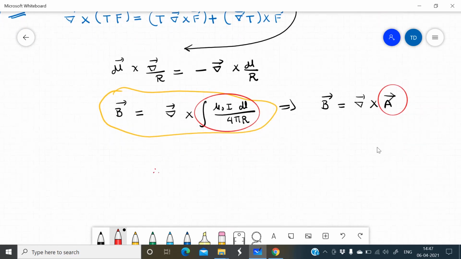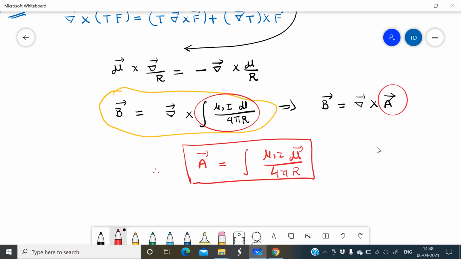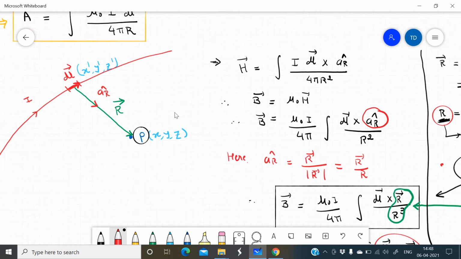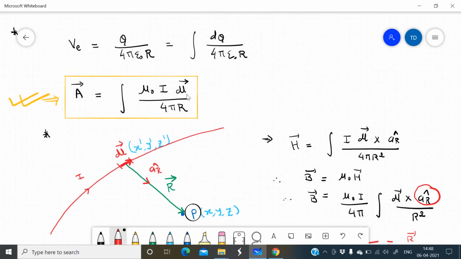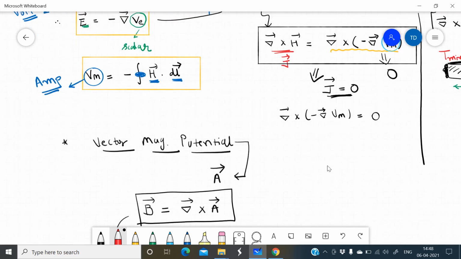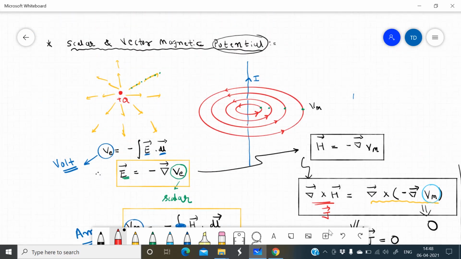That is why we can write the vector magnetic potential A as the integration of mu 0 I upon 4 pi r into dl. So A is called the vector magnetic potential. Hence we have proved the equation A equals mu 0 I dl upon 4 pi r. Here we have finished this theory, which covers scalar and vector magnetic potential.